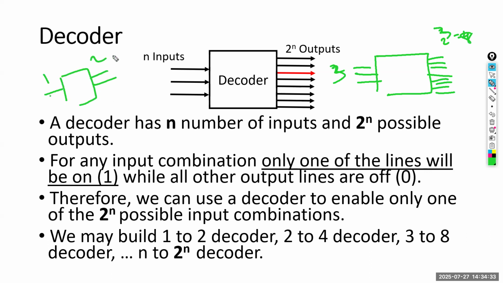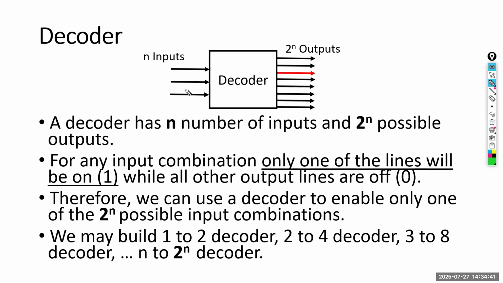That is a 1 to 2 decoder, 2 to 4 decoder, 3 to 8 decoder, or 4 to 16 decoder, and so on. That is step number 1. If you want to explain a decoder, first you must tell that it has n inputs and 2 to the power n possible outputs.